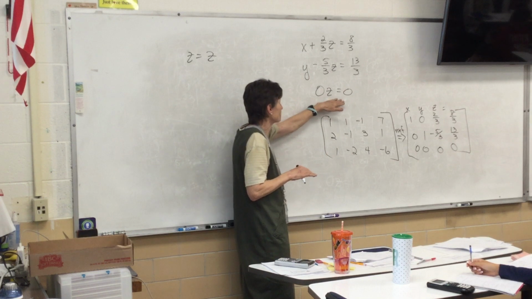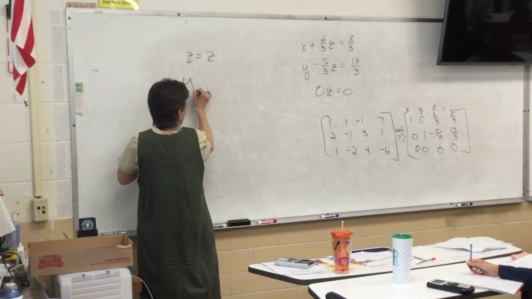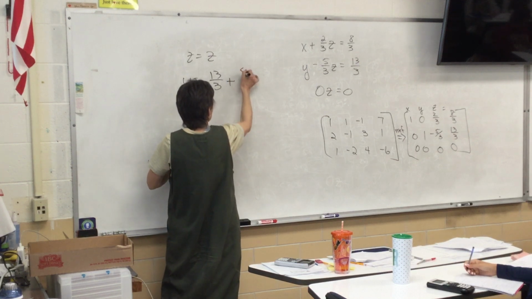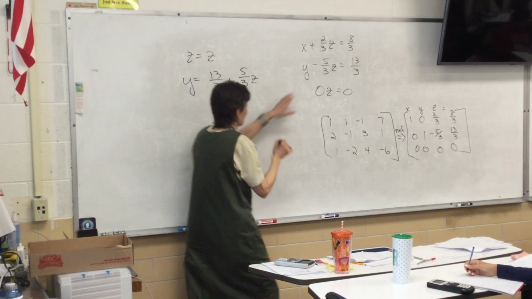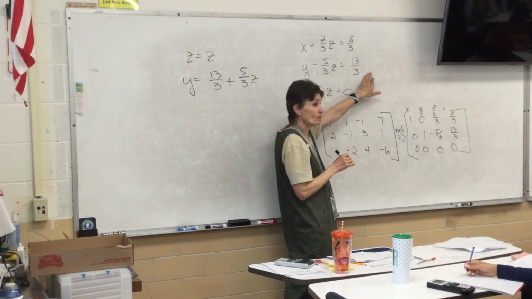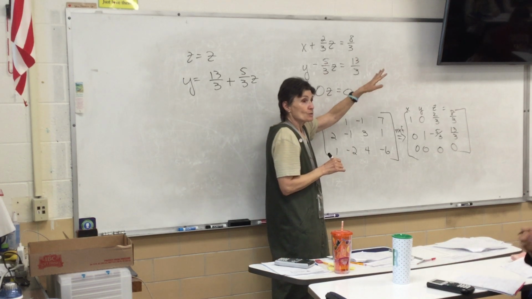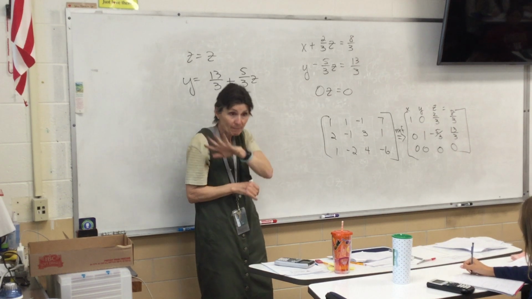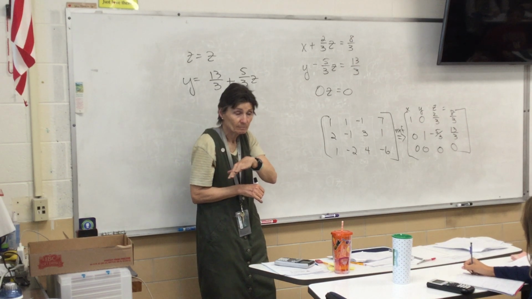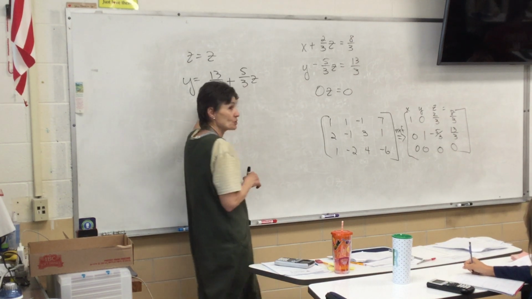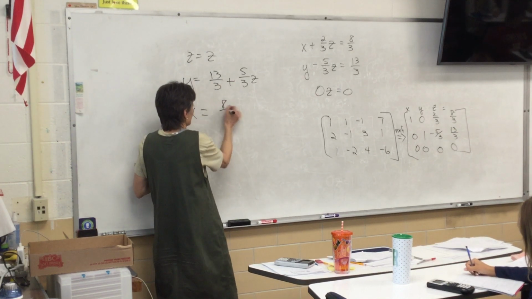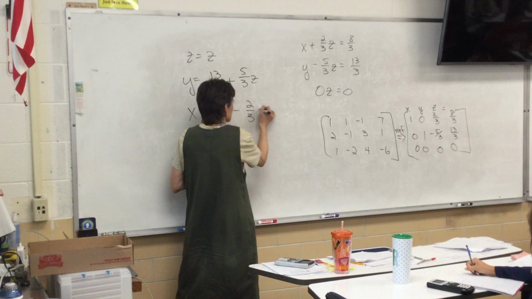Z can be anything. But then y is going to be 13/3 plus 5/3 z. If I get y by itself, I'll add this over. So whatever my y is, it depends on what I pick for z. Does that make sense to you? Yes. And then the same for x. X is 8/3 minus 2/3 z.